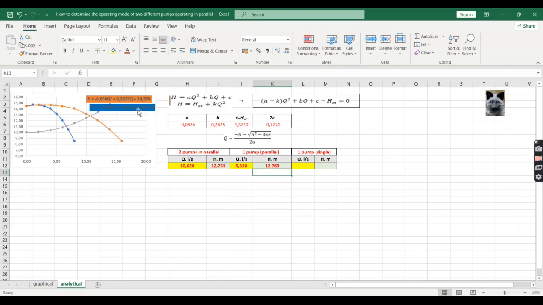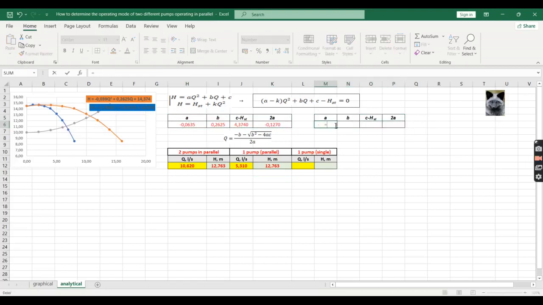Just remember, this equation describes the pump individual head curve. So let's now copy and paste this table. Then we have to clear the old data and fill it with the new one.